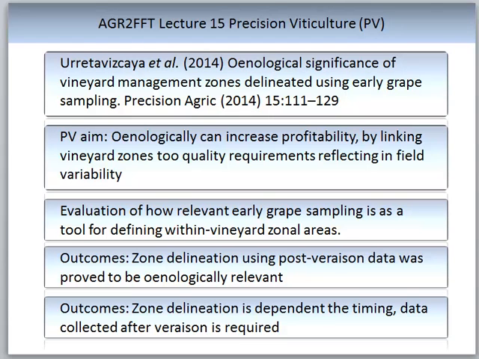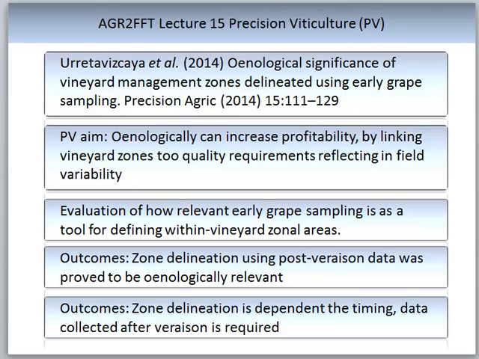This article states that precision viticulture can increase profitability by linking vineyard zones to wine quality requirements, thus reflecting in-field variability. In this study, how relevant early grape sampling is as a tool for defining within-vineyard zonal areas was assessed.